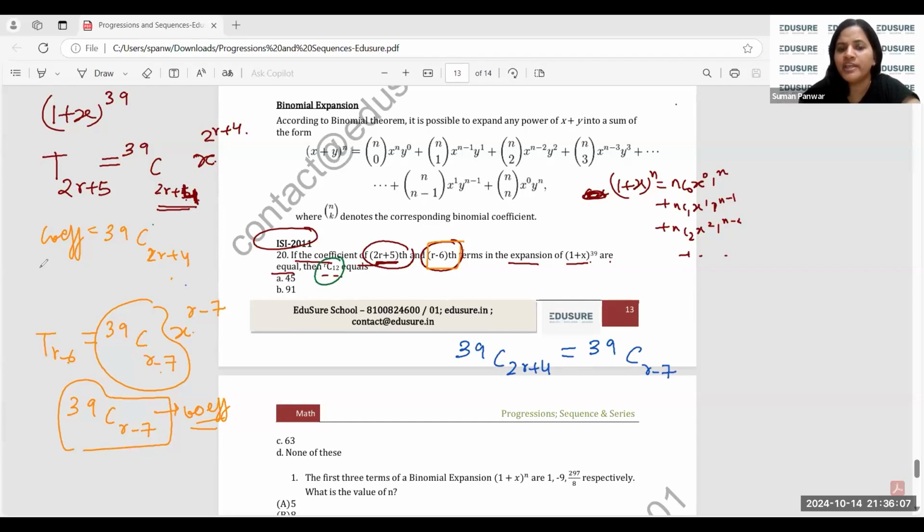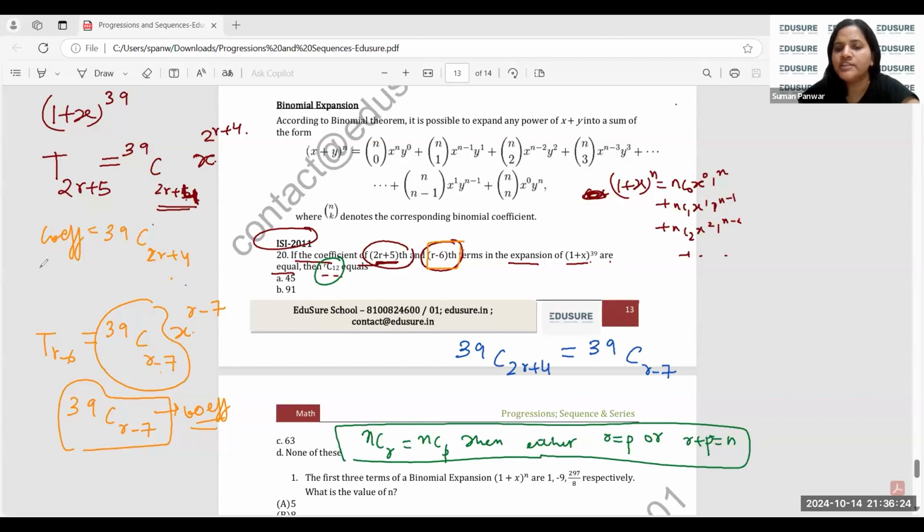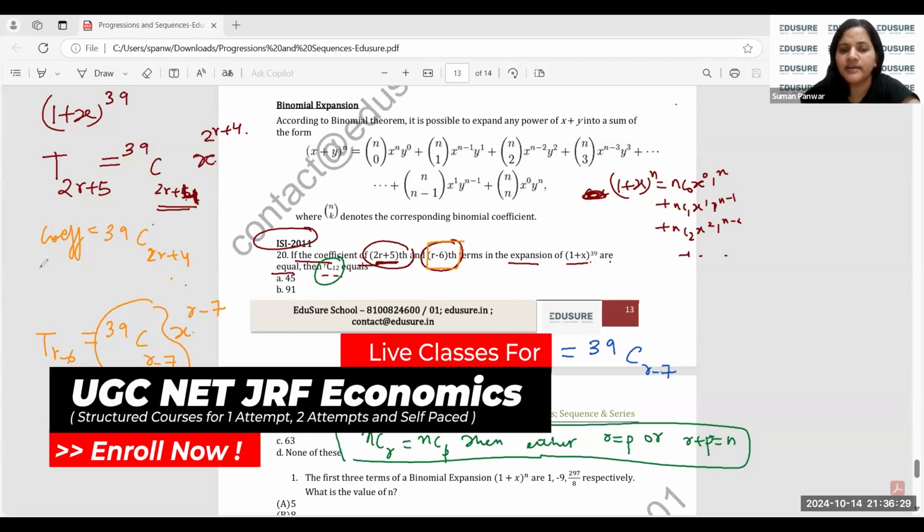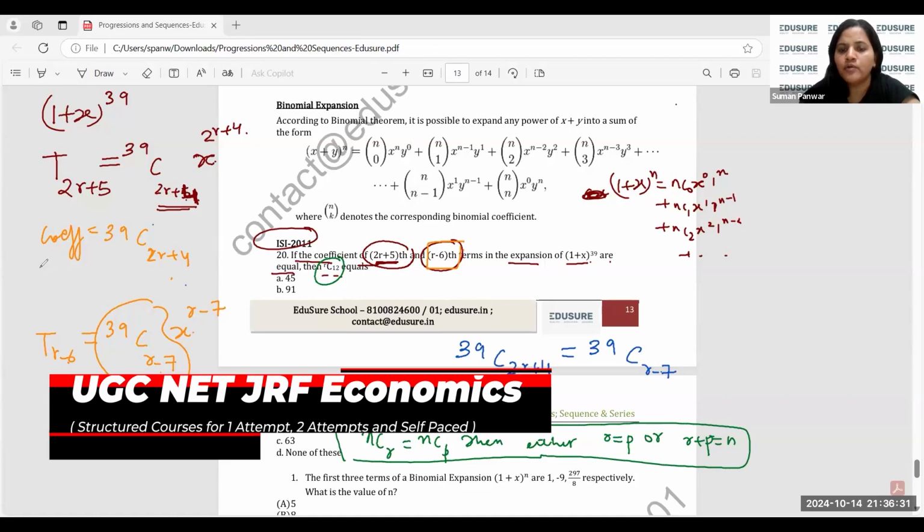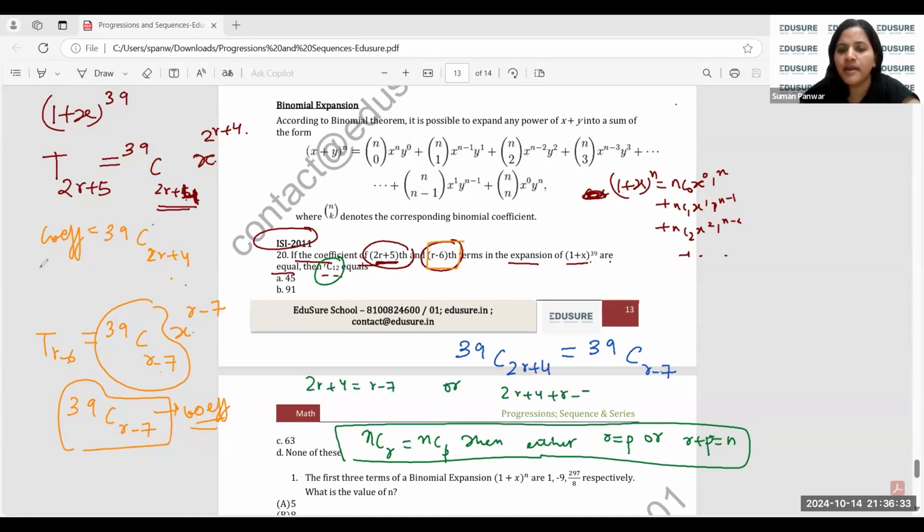If nCr is equal to nCp, then either r equals p or r plus p equals n. This is a very important standard result. So I should have 2r plus 4 equal to r minus 7, or 2r plus 4 plus r minus 7 equals 39.